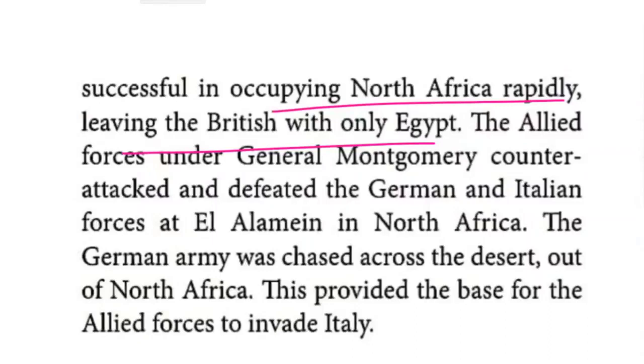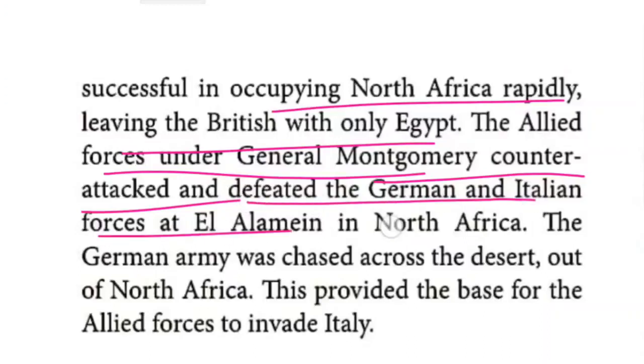Allied forces, and this is very important, children, Allied forces under the leadership of General Montgomery counter-attacked, that is the meaning, and defeated the German and Italian forces. This is a one word answer: the German and Italian forces were defeated at El Alamein in North Africa. El Alamein is a place name, located in North Africa.